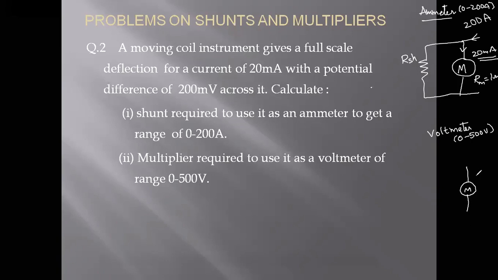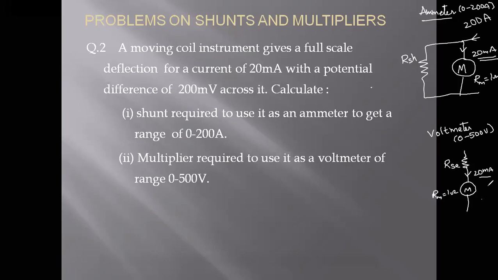So this is our meter. We are going to put a series resistance, the multiplier, and Rm is 1 ohm. Current through this branch is 20 milliamperes.